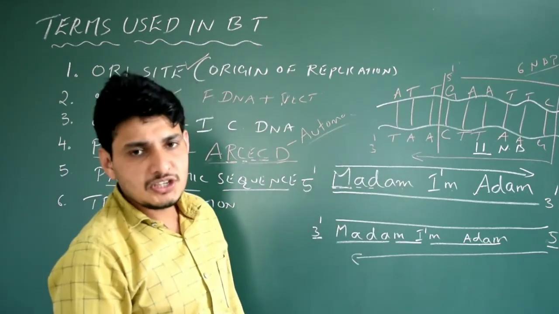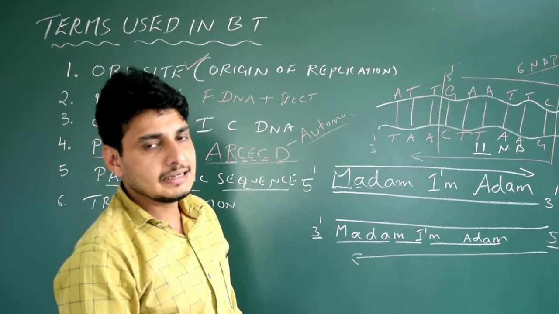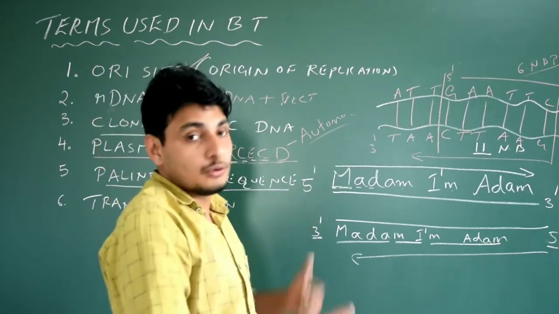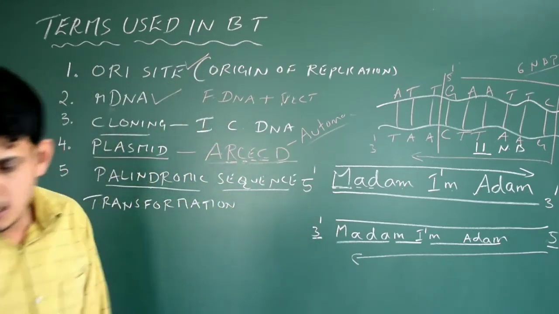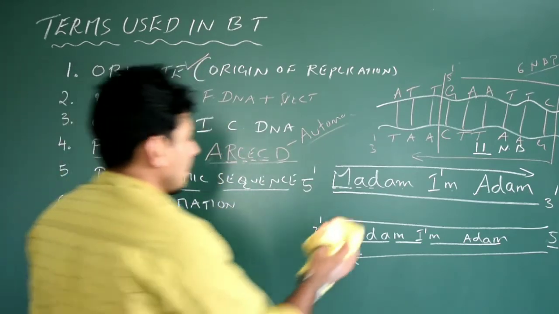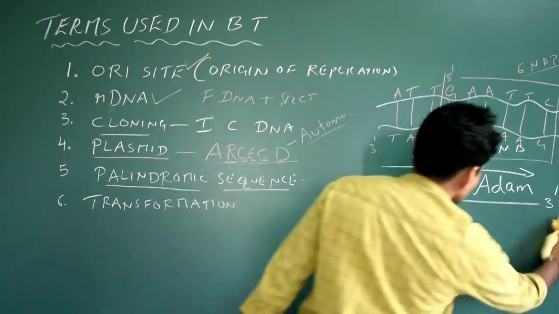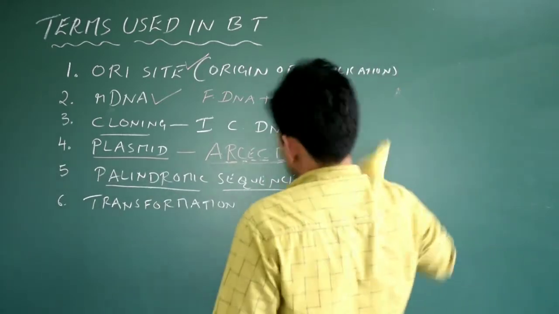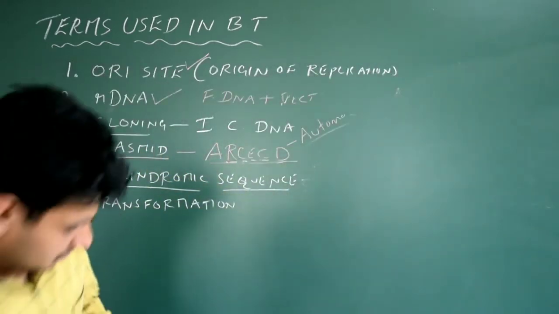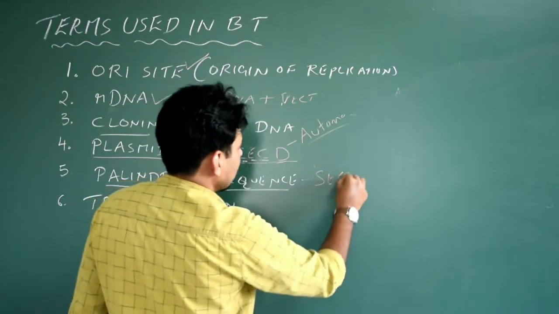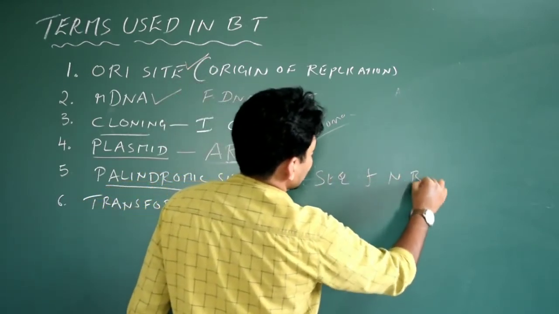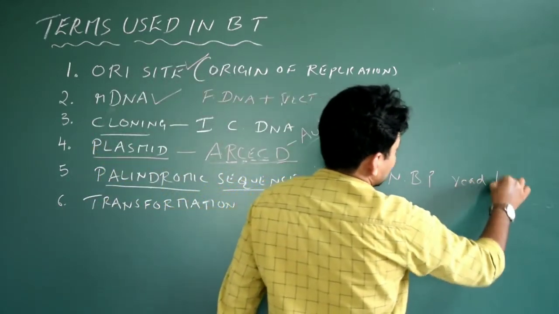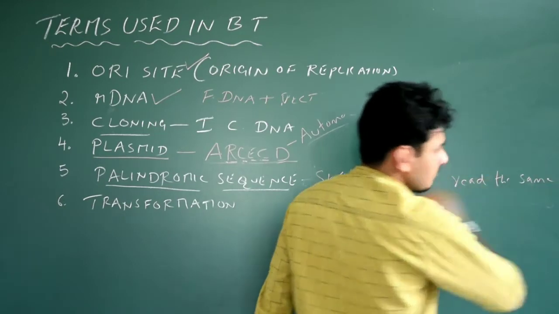The palindrome sequences play an important role in recognition by restriction enzymes. I'll tell you how exactly all this works. So the definition of a palindrome or palindromic sequence is like this: the sequence of nitrogenous base pairs reads exactly the same.